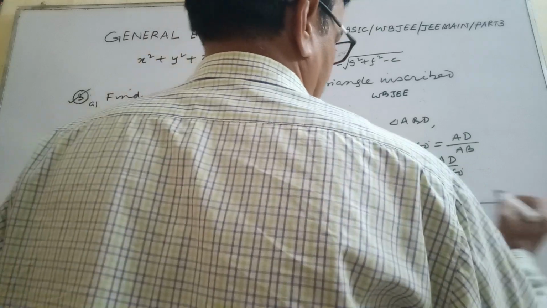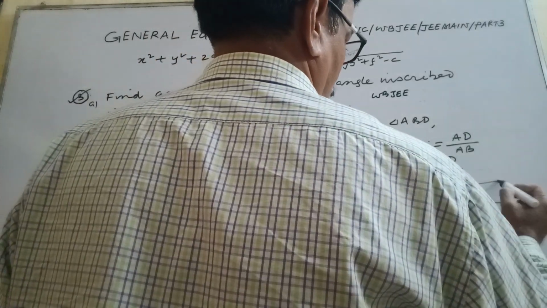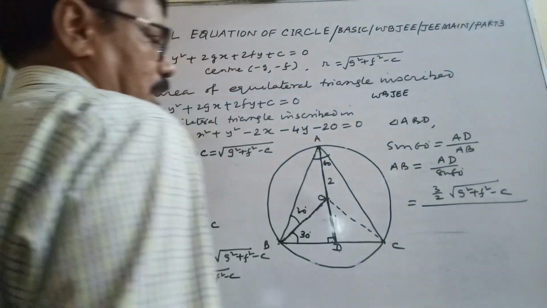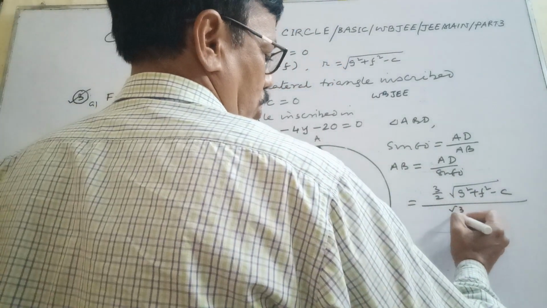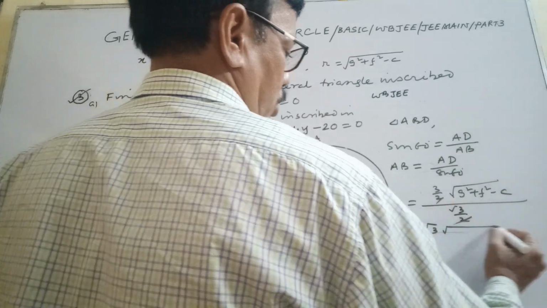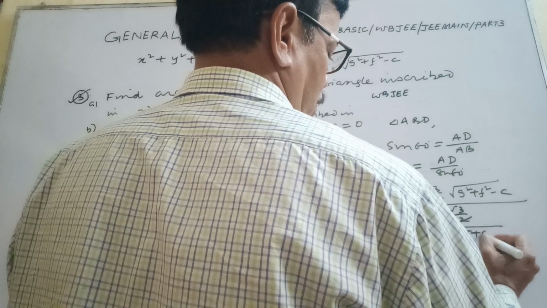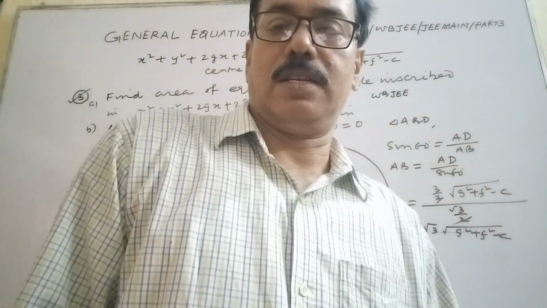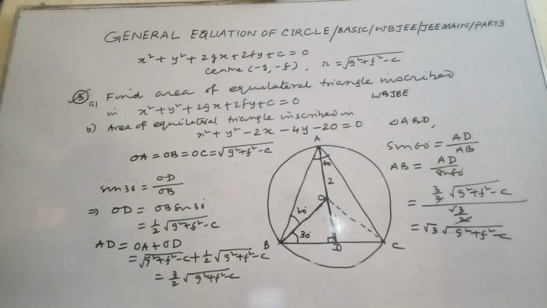AD is 3 by 2 root over g square plus f square minus c, and sin 60 is root 3 by 2. So we get root 3 into root over g square plus f square minus c. So we are getting the side of the equilateral triangle.